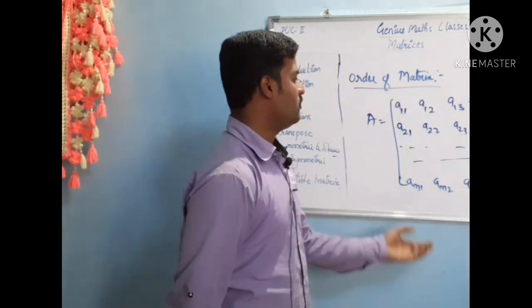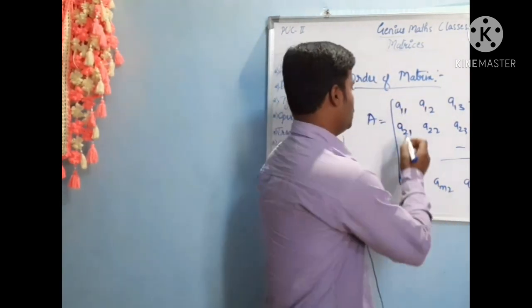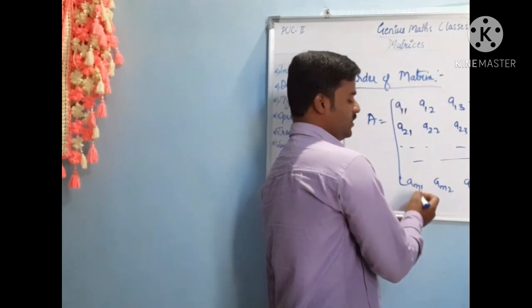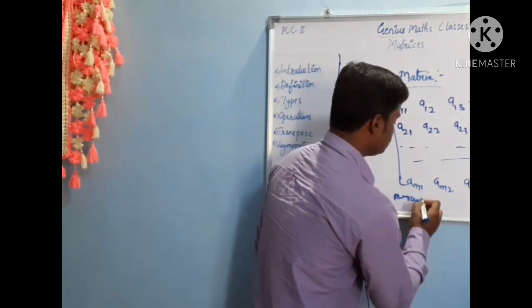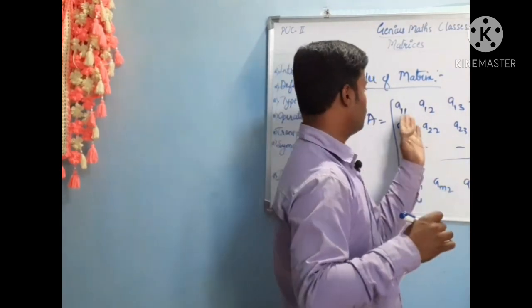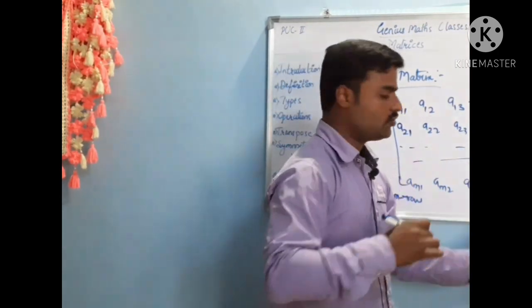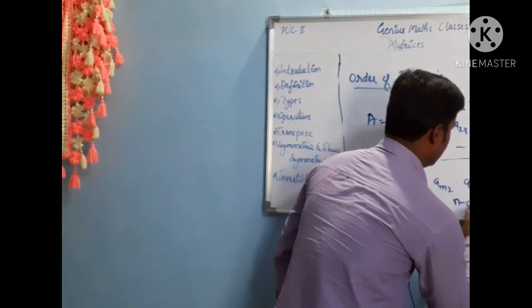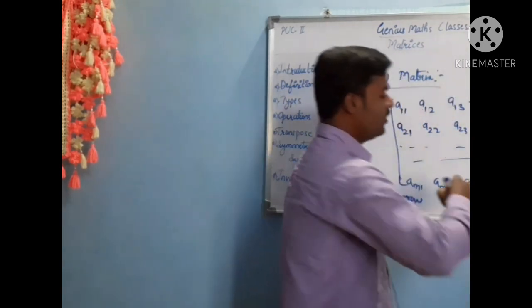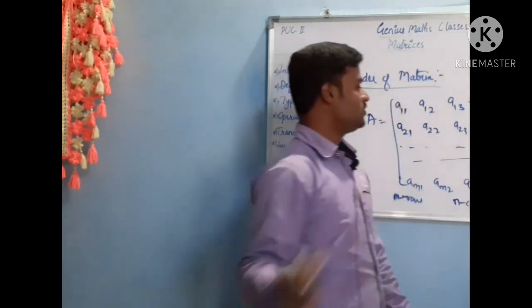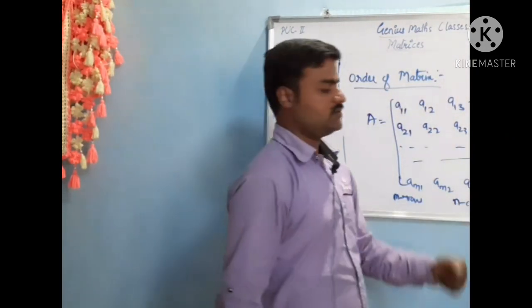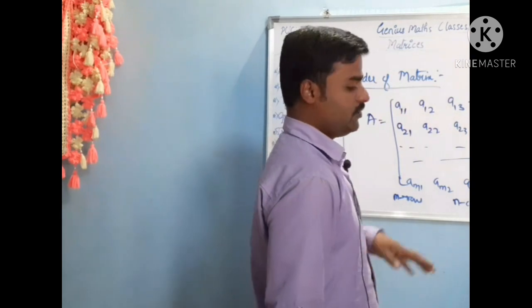So observe here, what is the order of this matrix? Here first row, second row, so it is the mth row. So the number of rows is m. Columns: first column, second column, third column, so on, nth column. So this is n columns. So what is the order of this matrix? m cross n. So the order of this matrix is m cross n.